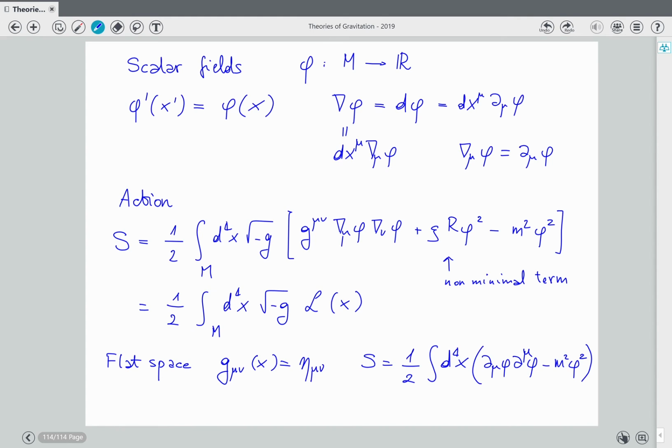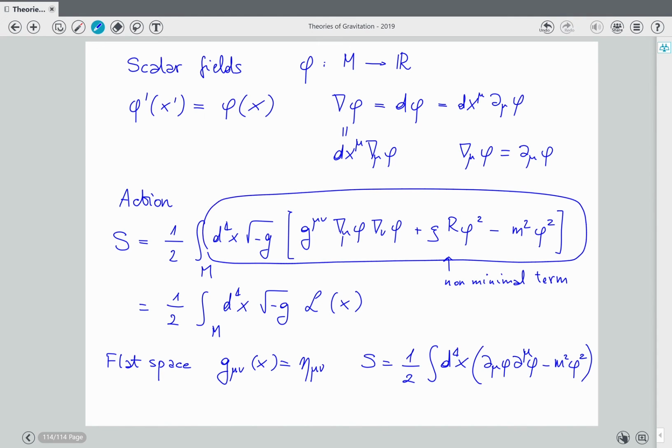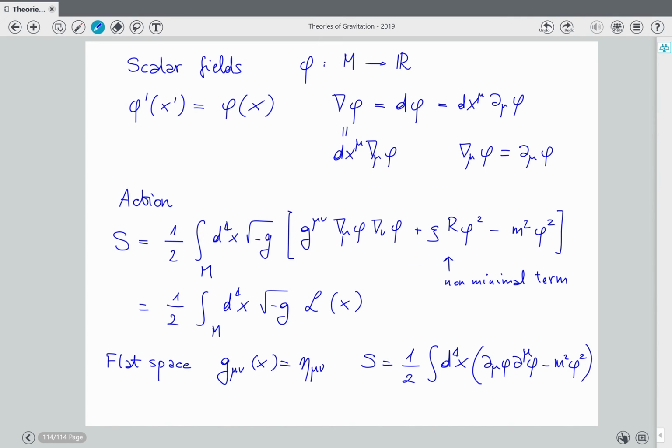That's not a very intrinsic expression, in the sense that the integral is not written in a manifestly, mathematically invariant way. We are using ingredients that depend on the coordinates, but it's not a problem as long as these combinations of objects transform correctly. Let's see what it means.